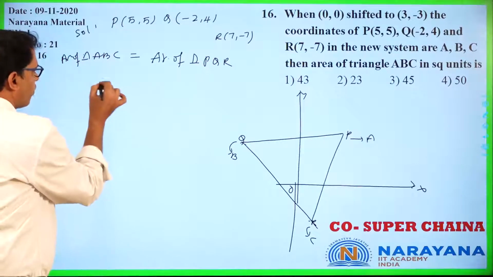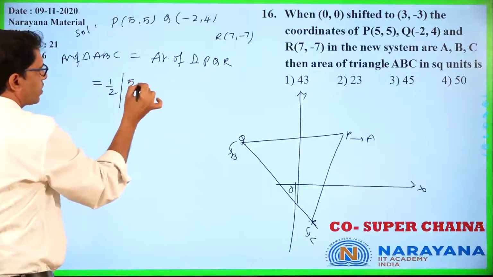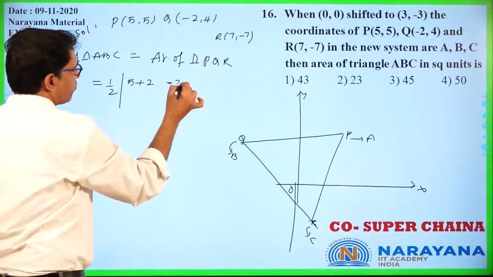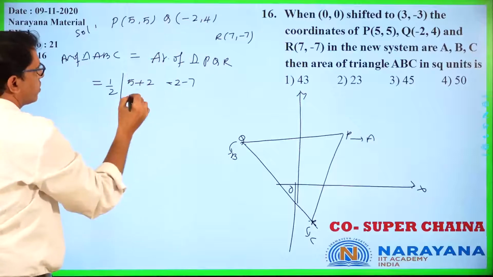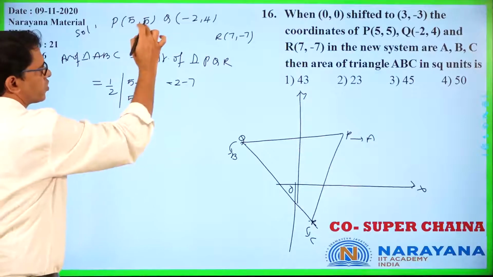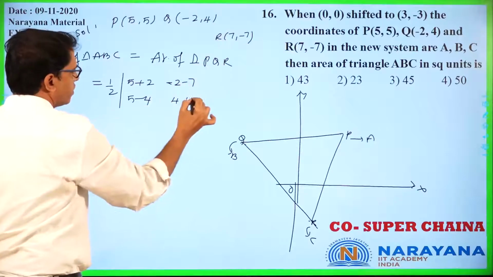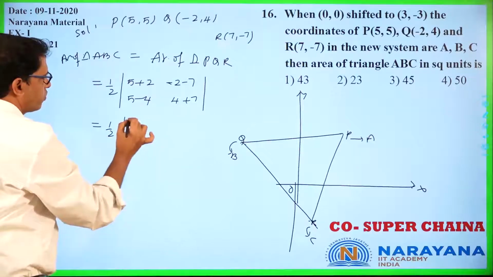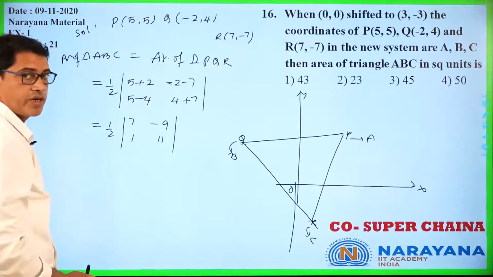Area of triangle formula: half into first minus second, 5 minus (-2), second minus third, -2 minus 7. Then the y coordinates: 5 minus 4, first minus second, then second minus third, 4 minus (-7). So area equals half into the determinant of 2 by 2, 7, 9, 1, 11.